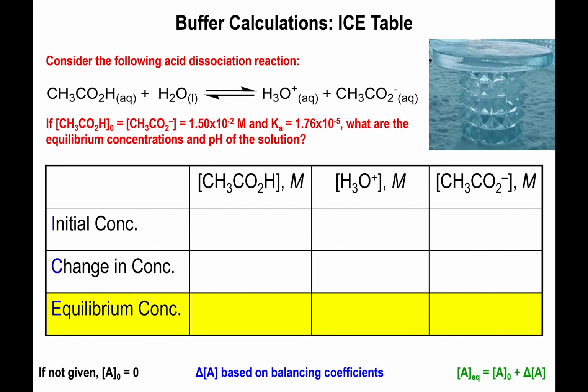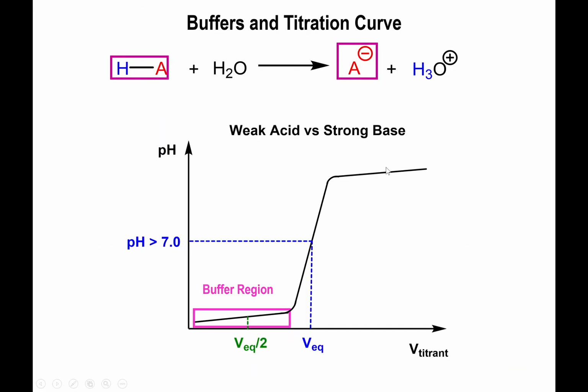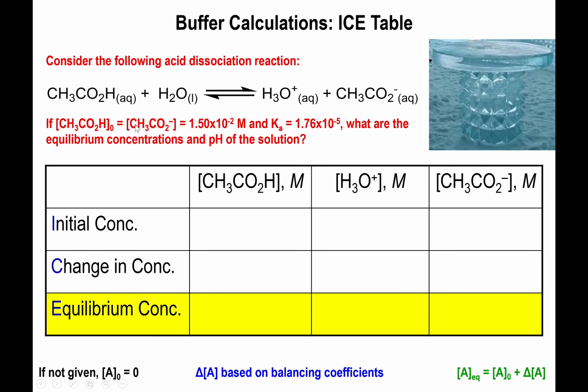Now, I'm going to show you one more feature that's also important to be recognized. That has to do a little bit with the idea of reaching the equivalence point in this titration curve. If the initial concentrations of the conjugate acid and the conjugate base are the same, something very interesting happens. First of all, you have 1.5 times 10 to the negative 2 for both of the species.